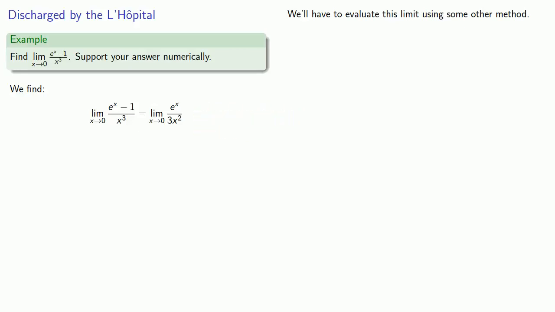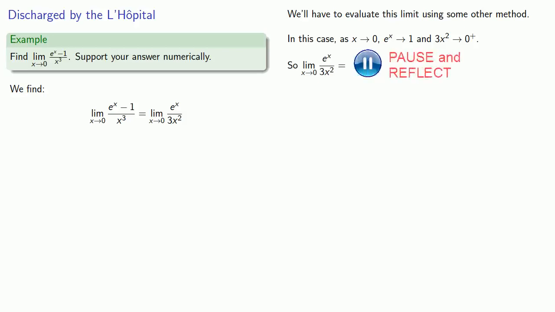And we might note that in this case, as x gets close to 0, e to the x gets close to 1, and 3x squared gets close to 0, but always stays a little bit more than 0. And so our limit tends to positive infinity. Well, let's support that answer numerically and see what happens. So we're looking at what happens to this expression as x gets close to 0.